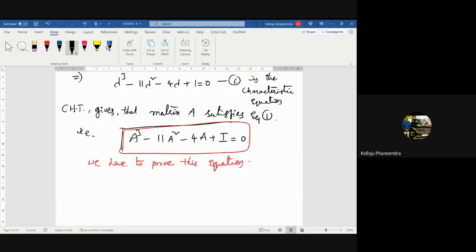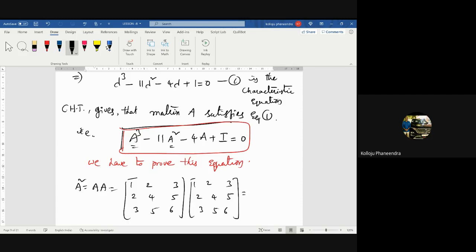So one by one. First, what is A square? A into A. I need A square, then A cube, then substitute everything here. A is 1 2 3, 2 4 5, 3 5 6, multiplied by 1 2 3, 2 4 5, 3 5 6. The problem is very easy, but time consuming.